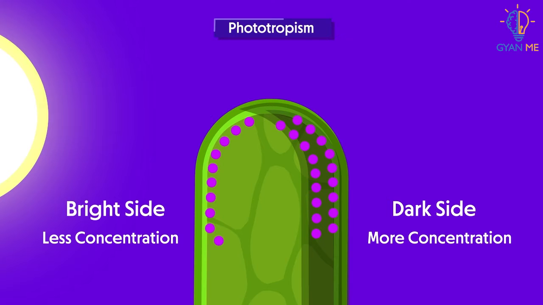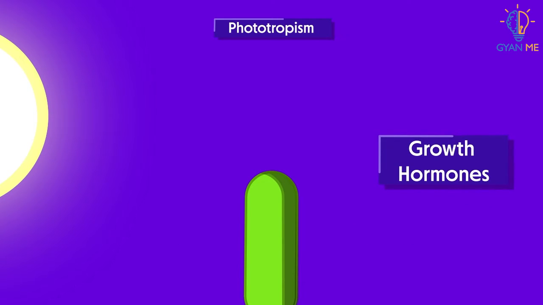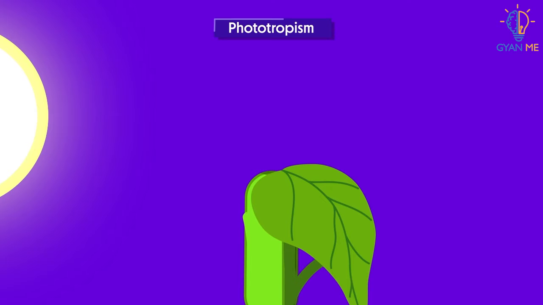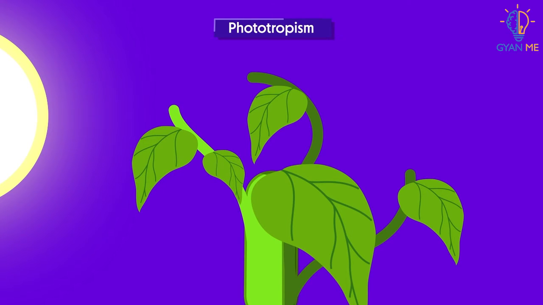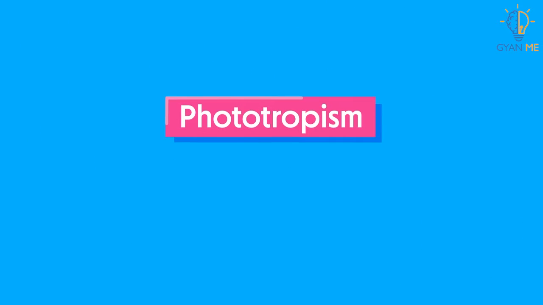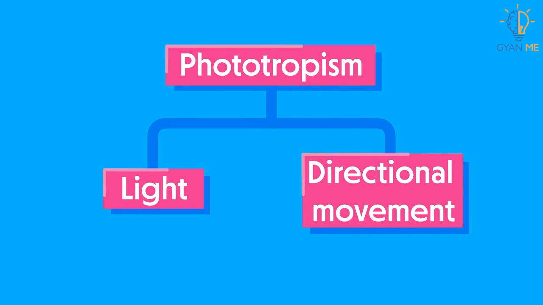Cells of the dark side grow fast and more. This results in slower growth on the bright side and faster growth on the dark side, causing the stem and the leaves to bend towards the side of light. You will recall that this is the process of phototropism, where photo means light and tropism means directional movement.